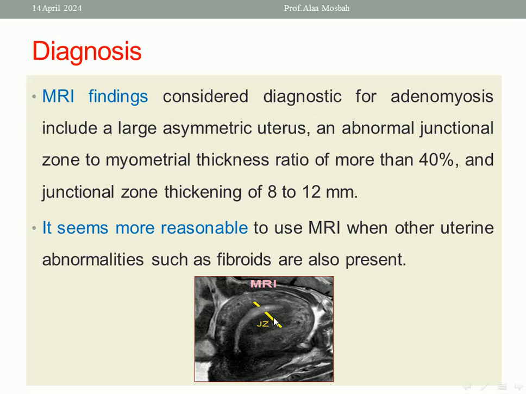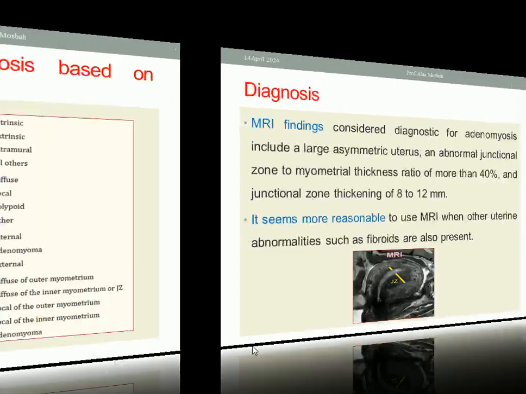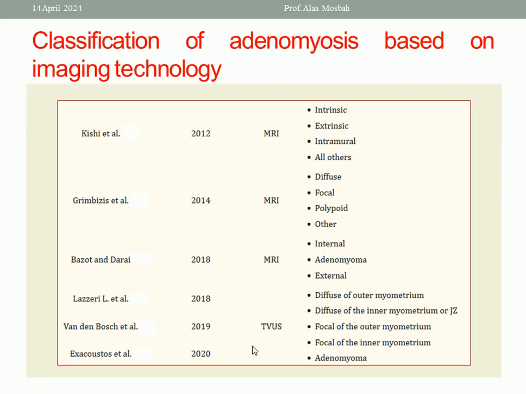You can find it 8, 9, 10, 12 millimeters and so on. So MRI definitely can evaluate the junctional zone with high accuracy. It is an accurate method for diagnosing adenomyosis. But of course, it is expensive.